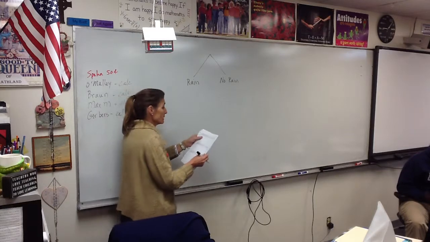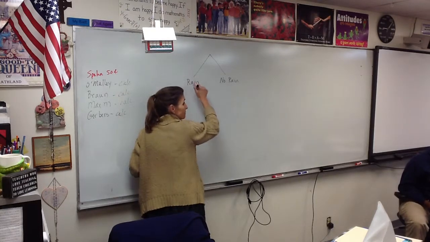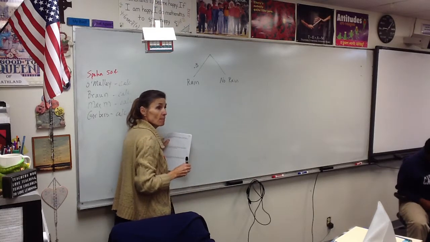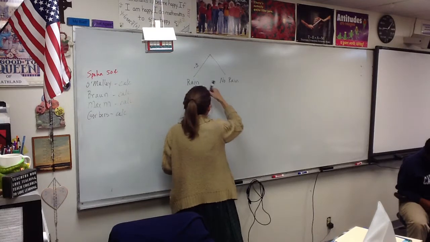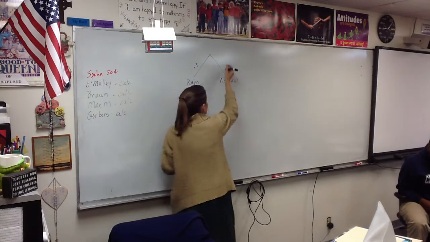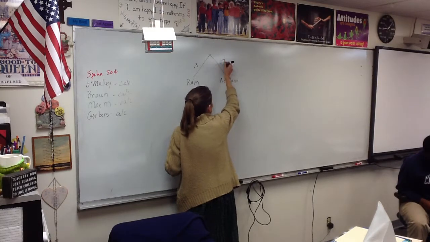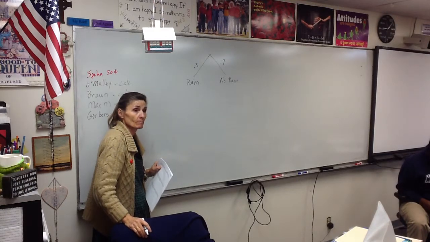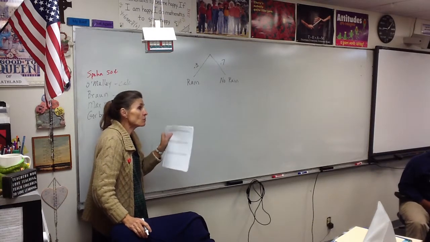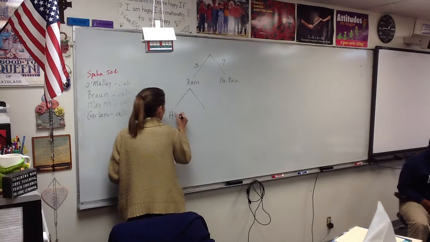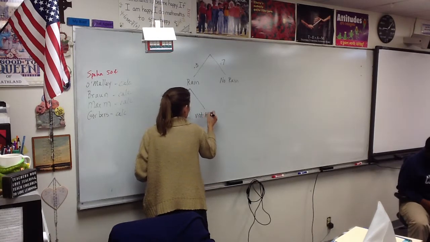Now, what's the probability that it will rain? So I'm going to put 0.3. Are you comfortable with that? 30%, 0.3? And then if there's a 30% chance that it will rain, there's a 70% chance that it won't rain. Now, either way, we're going to talk about Joe doing the homework or not doing the homework.